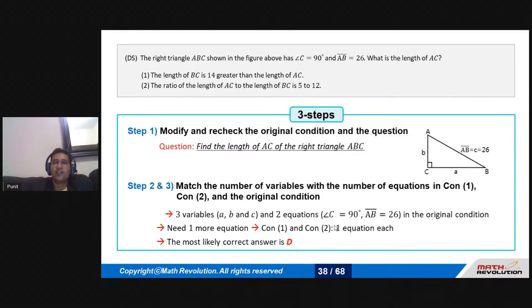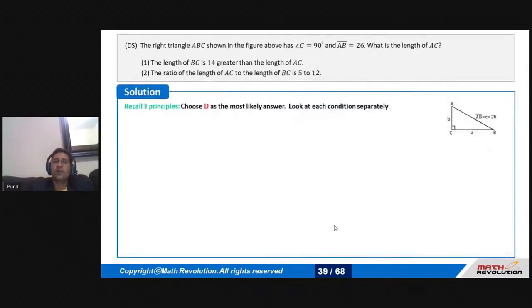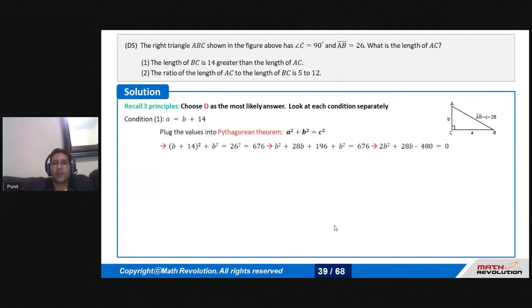When I check the conditions separately, I jump on to condition number 1. It says the length of BC is 14 greater than the length of AC. That means A is equal to B plus 14. If we plug this value into A squared plus B squared equals C squared, because that's a right angle triangle, so the Pythagorean theorem applies.